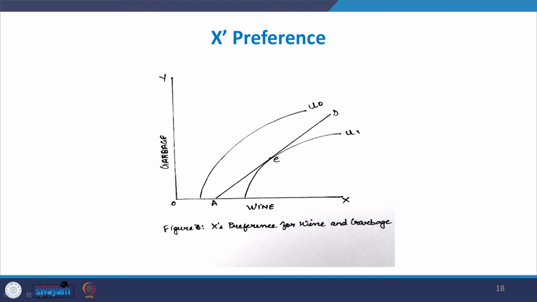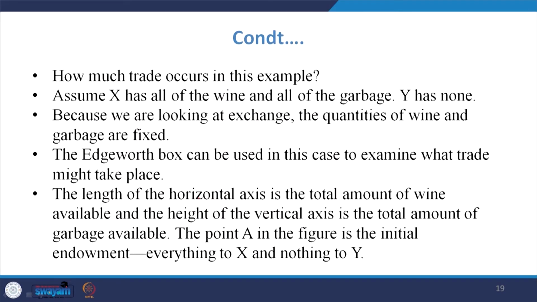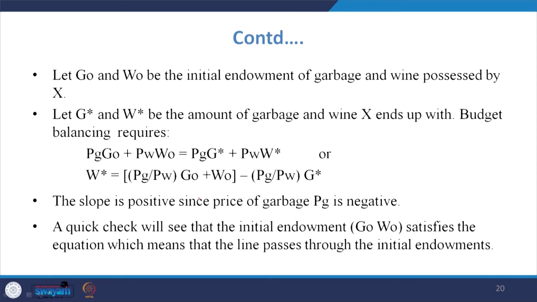Similarly, you can also draw the indifference curve for person Y, and then you can superimpose these two and draw the Edgeworth box. But let me first draw the budget line, and after that we can find the optimum combination.